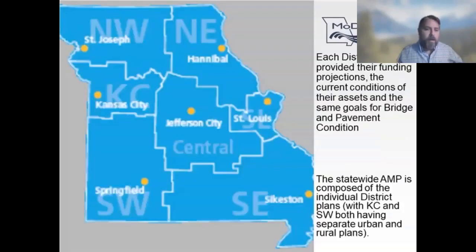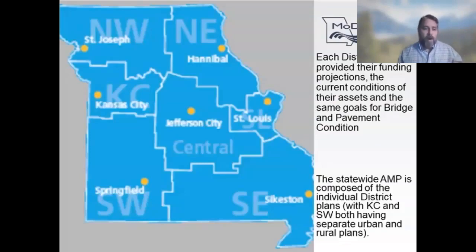So our approach to asset management relies on the resources that we have, which is district staff. They're the most familiar with the condition of the roads, what roads and bridges they have, what strategies are effective in their area, and some of the challenges that they have in maintaining those assets.